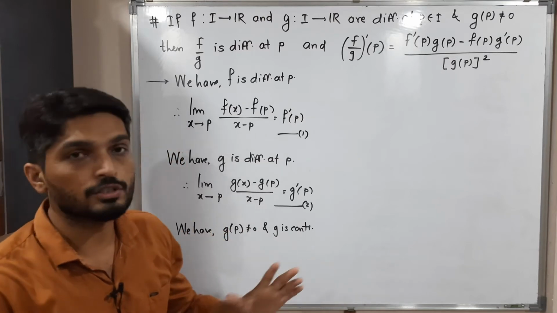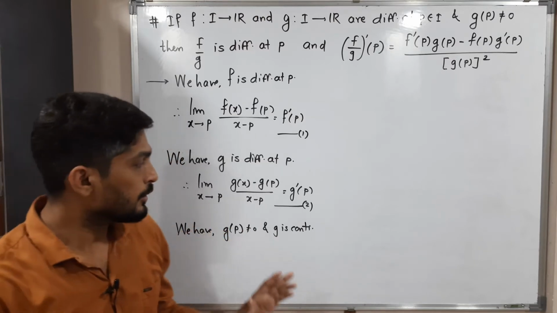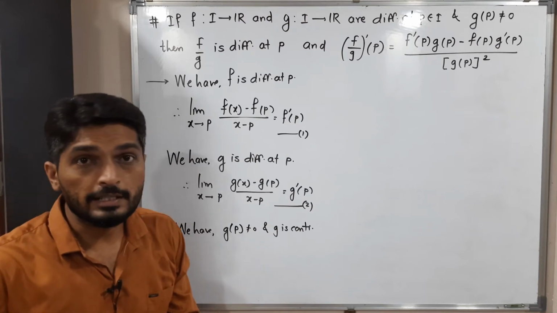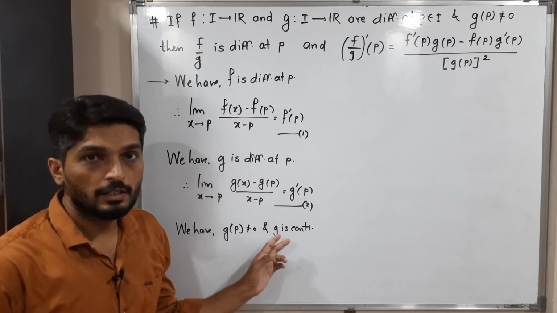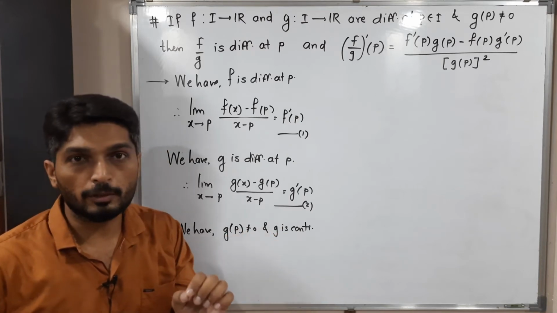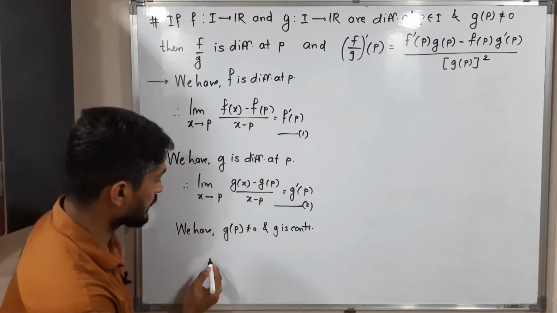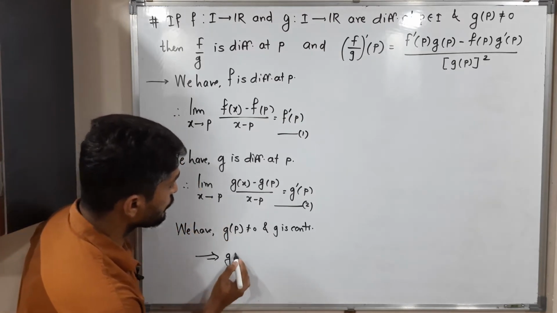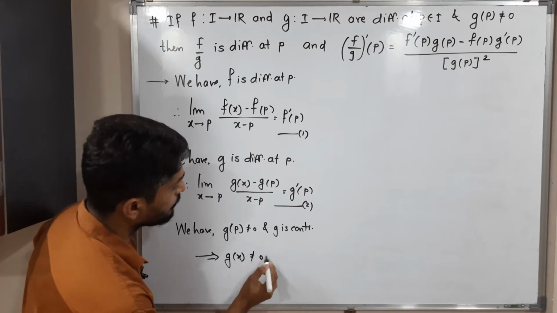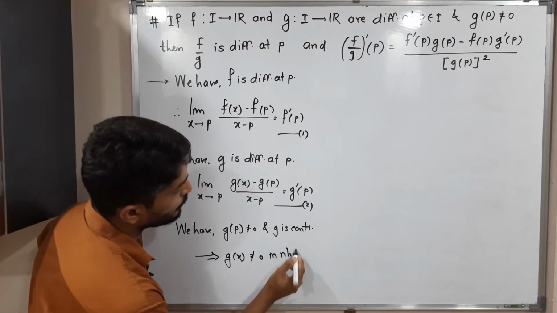So that's why I could write g is continuous. Understood? If a function is continuous and non-zero at a particular point, then in a neighborhood of that point the function is also non-zero. So I can write, this implies g of x not equal to 0 in a neighborhood of P.